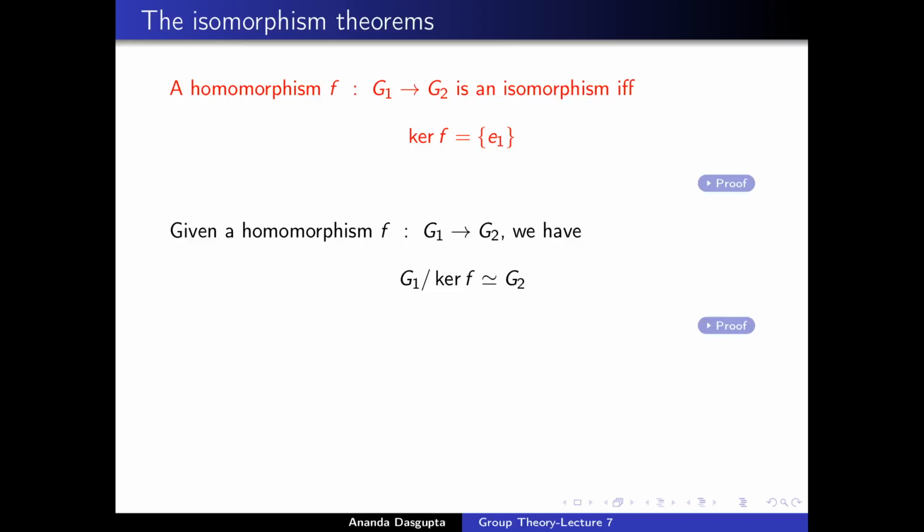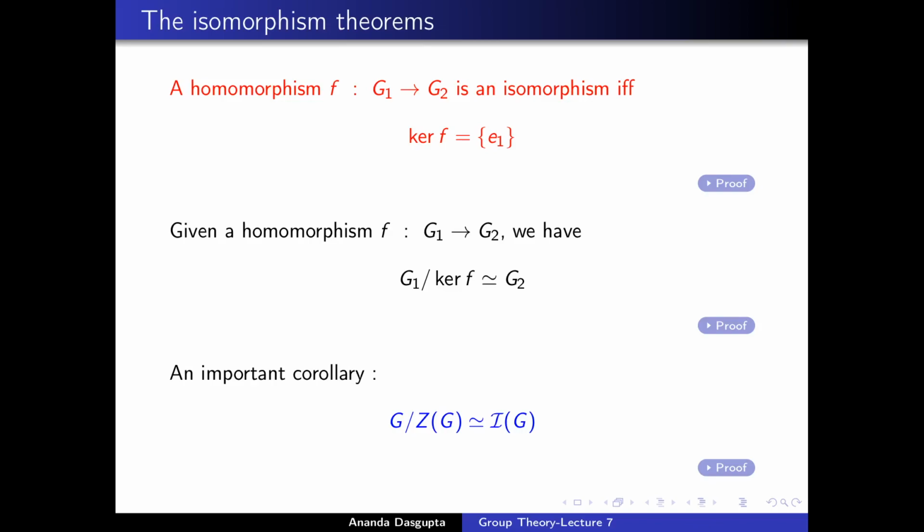With these two theorems under our belt, let us just try to use them to prove the important corollary that I mentioned earlier, which is the statement that if you quotient out the center of a group from the group, that is, you form the quotient group G by ZG, the resulting group is actually isomorphic to the group of all inner automorphisms curly I of G.